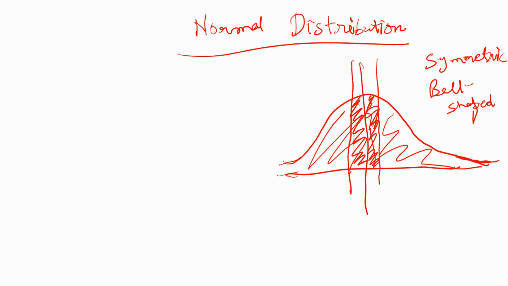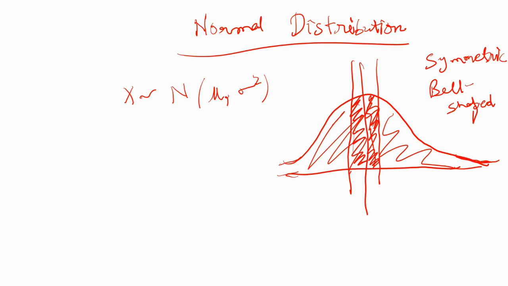Now if you go through this distribution, let X follow normal with mu and sigma square, where mu is the mean of this distribution and sigma square is the variance, and N we have written as normal distribution.